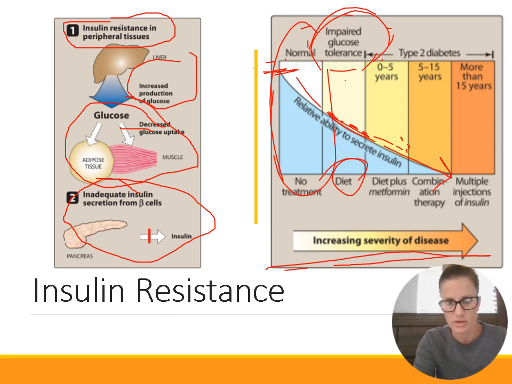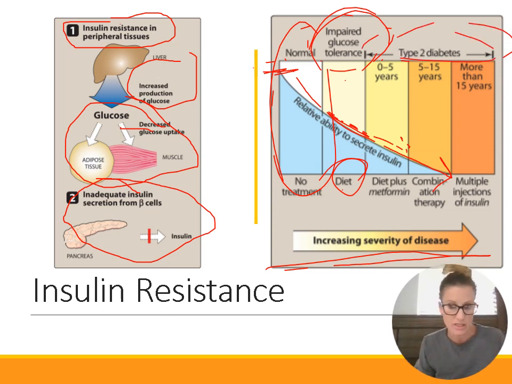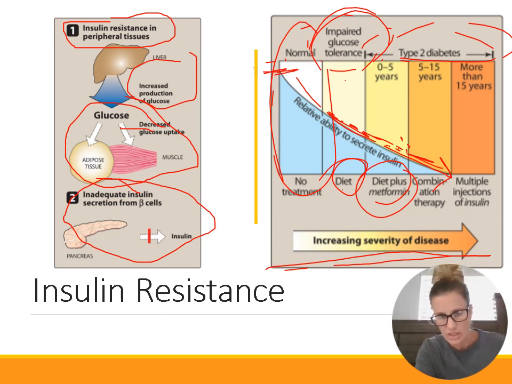Patients are here now in the type 2 diabetes range. And during those first, up to about 5 years, we generally treat patients with diet plus metformin, which is an oral tablet. It's called a biguanide. But you can see the body's ability to make enough insulin is still decreasing, right?